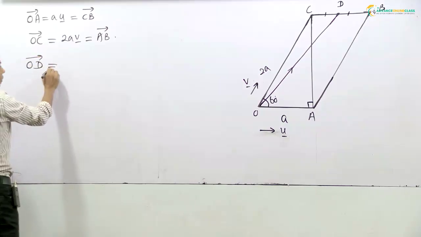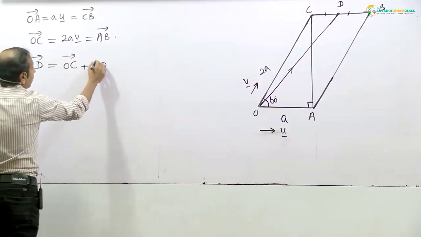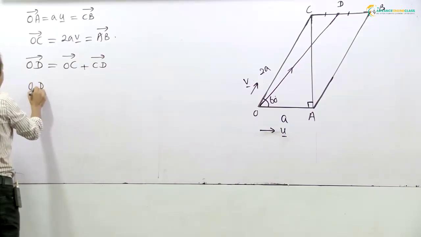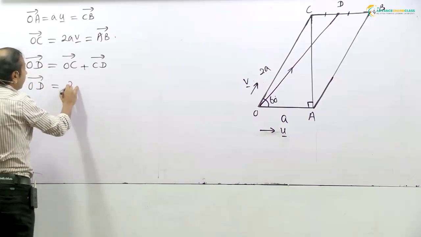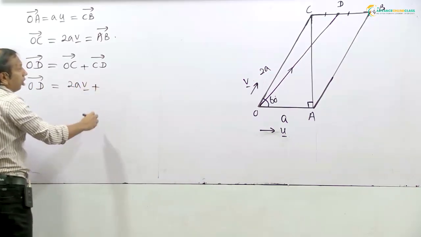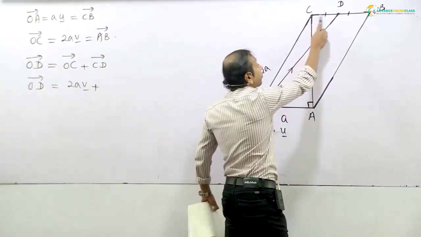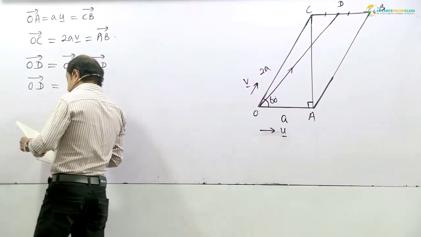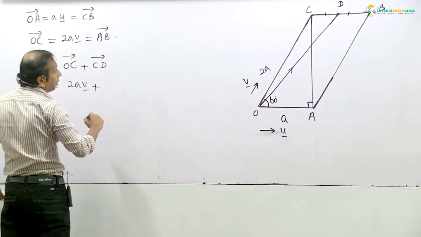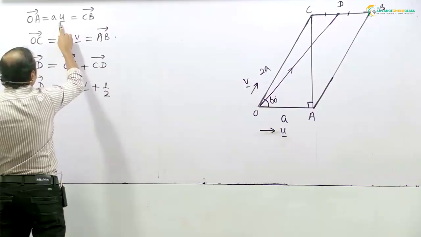OD vector is equal to OC vector plus CD vector. OC vector is 2aV. What is CD vector? CD vector means half of CB. Half of CB vector means aU.